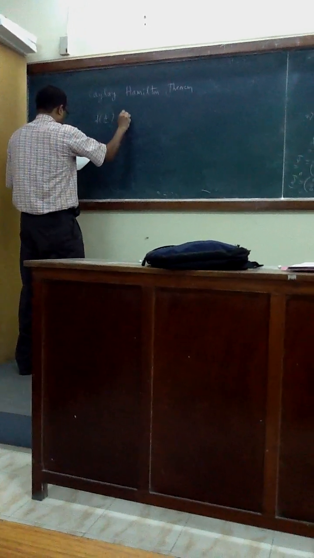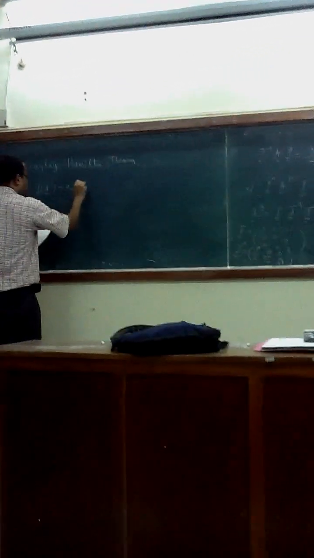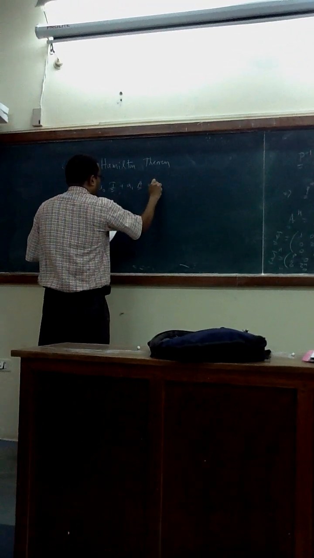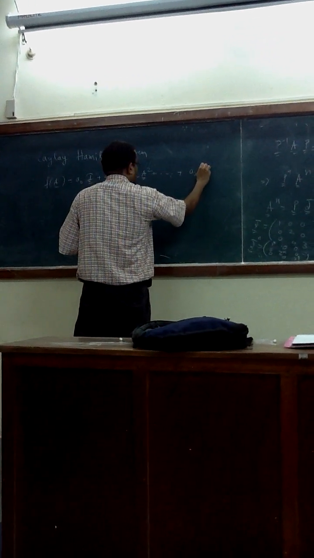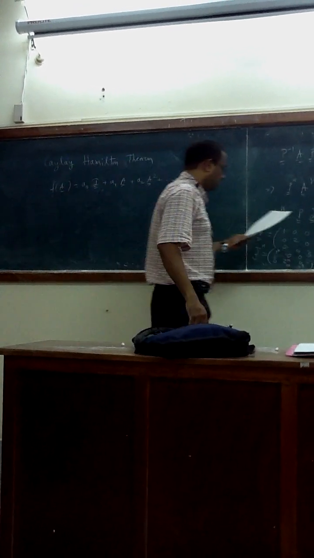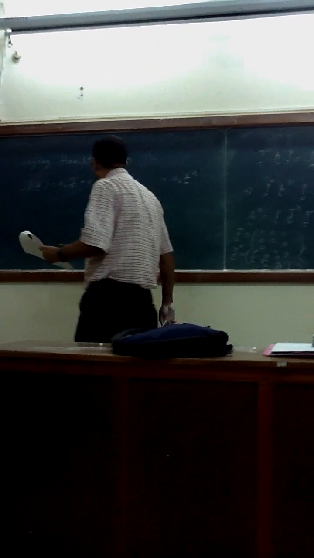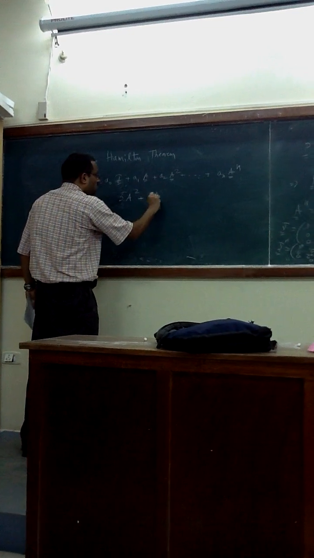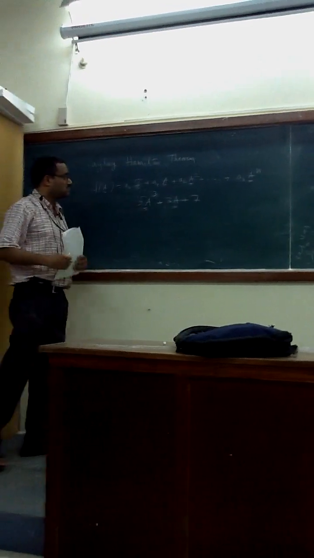F of A equals A0 I, A1 A, A2 A square, and so on up to An A to the power n. That means what I am asking: evaluate 5A square plus 3A plus 7 I. Will you do it like this?